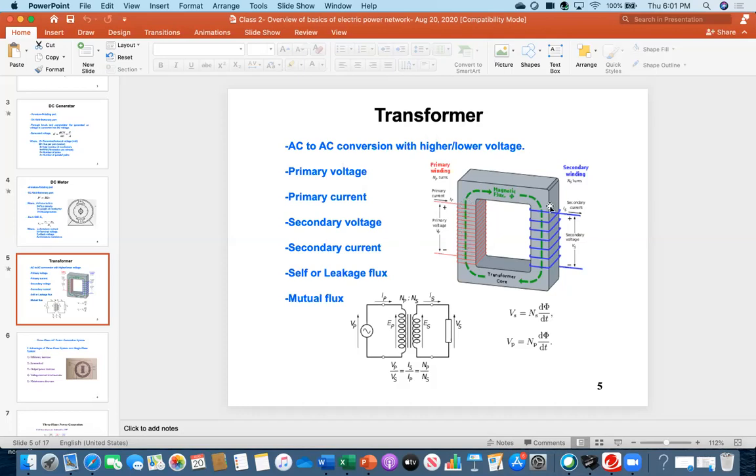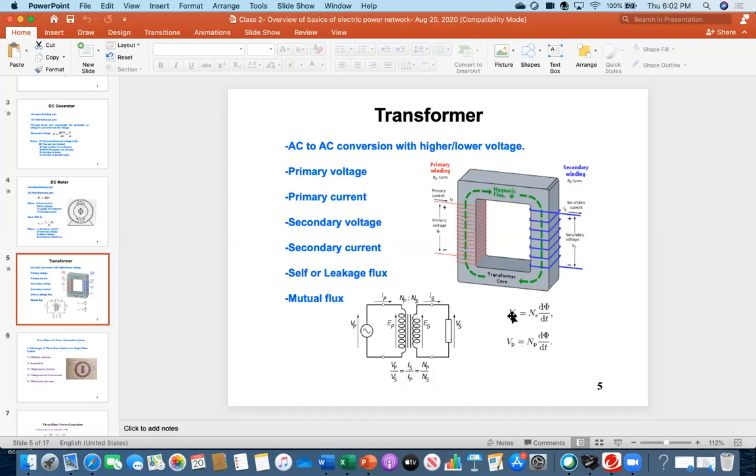So this flux is moving, but it is alternating in nature. That is represented by d phi by dt. This means flux is changing with respect to time. Therefore, because flux is changing but your coil is static here, consequently voltage will build up here.